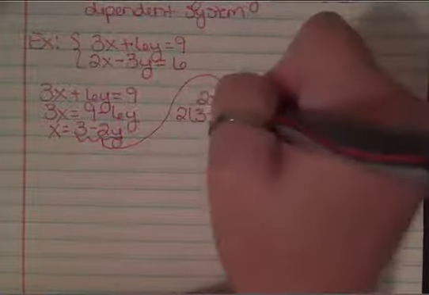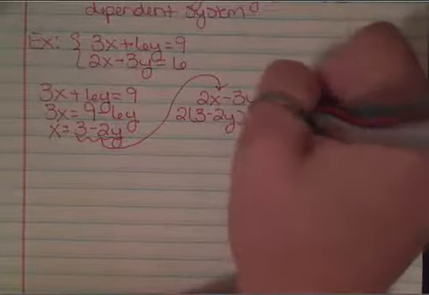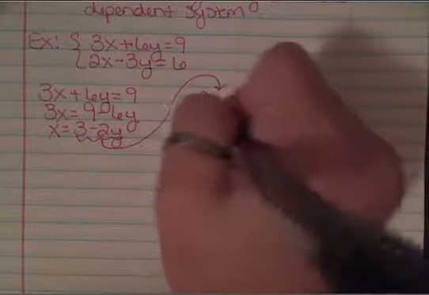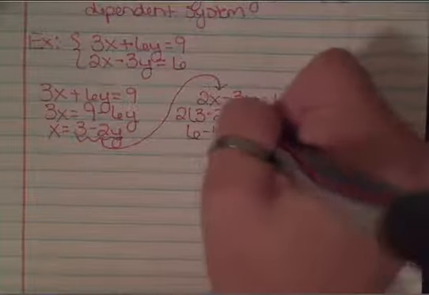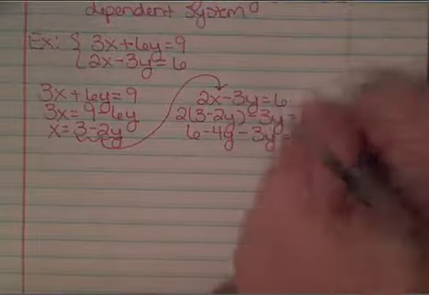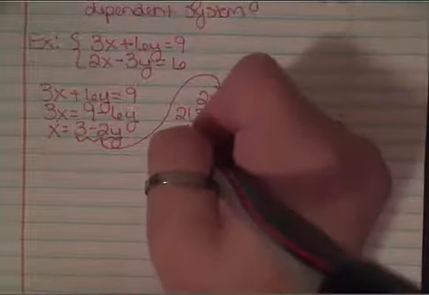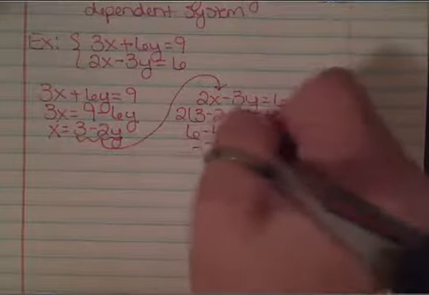So that leaves me with 2 times 3 minus 2y minus 3y equals 6. So that gives me 6 minus 4y minus 3y equals 6. So I subtract over my 6 and I combine my like terms, so I'm left with negative 7y equals 0. So y equals 0.